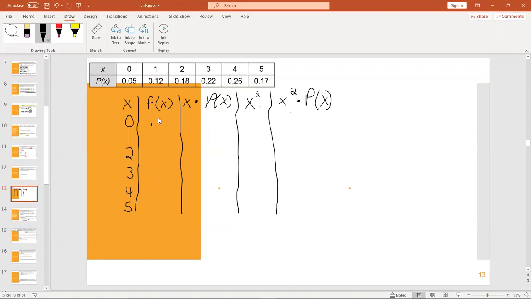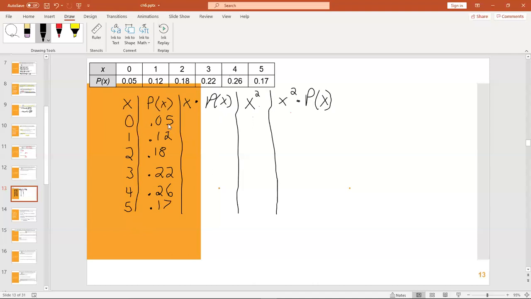You've got 0.05, 0.12, 0.18, 0.22, 0.26, and 0.17.